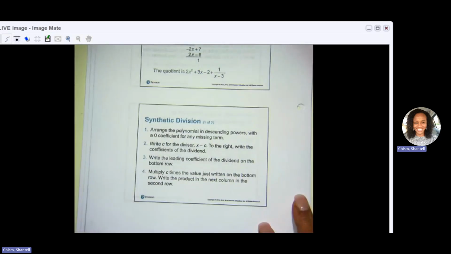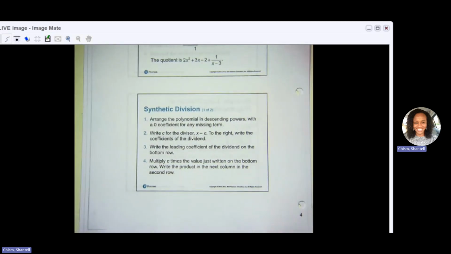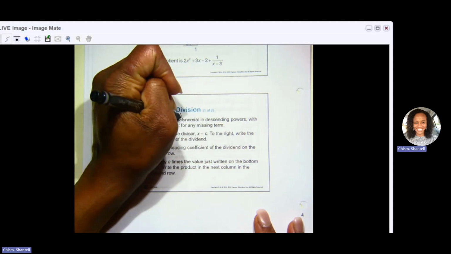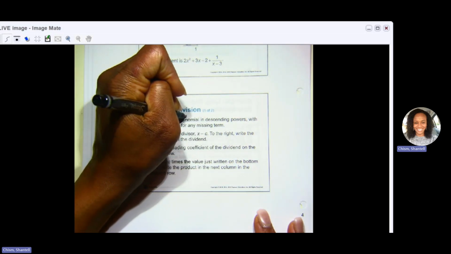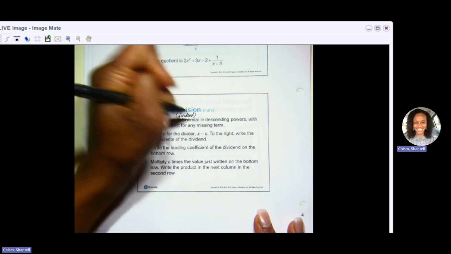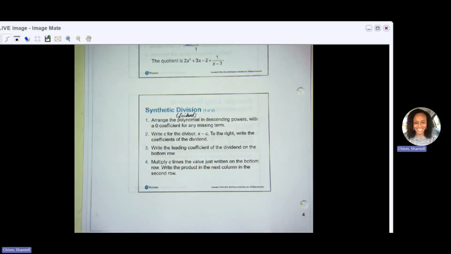So for synthetic division, the steps that we'll perform: we will arrange the polynomial in descending powers, okay? That is the polynomial that we are dividing into, that is your dividend. We're going to arrange the dividend in descending powers with a 0 coefficient for any missing term.